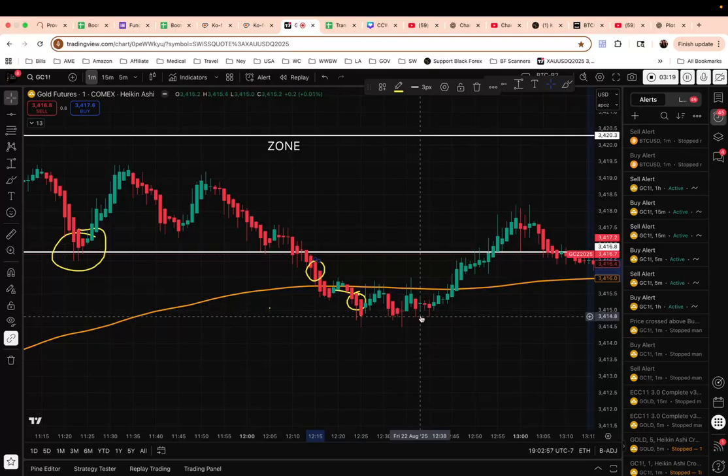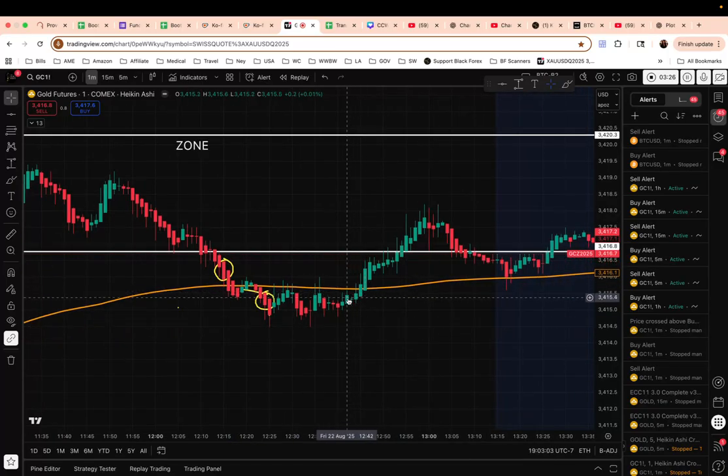Once it opens and closes under the 200 EMA, I'm going to look for an ongoing sell. But as you can see, the market is reversing and it is starting to buy. That's what I love about gold. Gold has a pattern, and it is definitely forming that pattern right now.